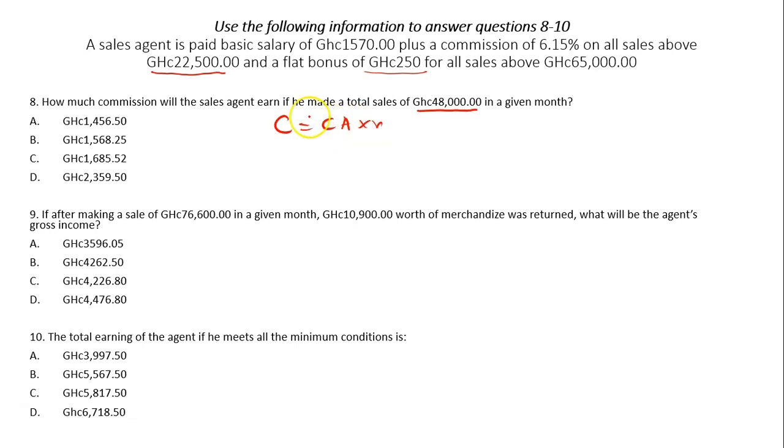I'm using commission amount in this question because there's a quota in the question. We know commission amount is equal to sales minus quota, then times rate. So what is our sales? The sales is 48,000. And what's the quota? The quota is 22,500.